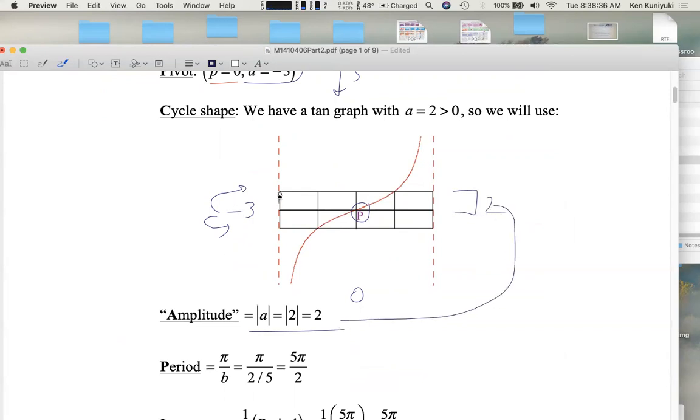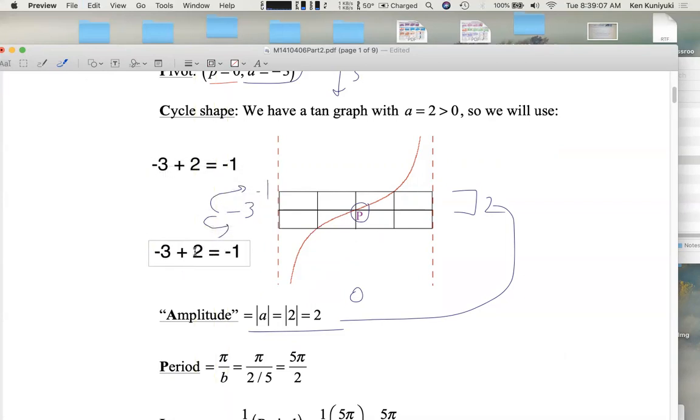So, to get the y-coordinate of the top line, we take -3 and add 2. -3 plus 2 is -1. So -1 corresponds to the top line segment. To get the y-coordinate for the bottom line segment, we take the -3 and we subtract the 2. We get -5. So -5 is the y-coordinate for the bottom line segment of the frame.